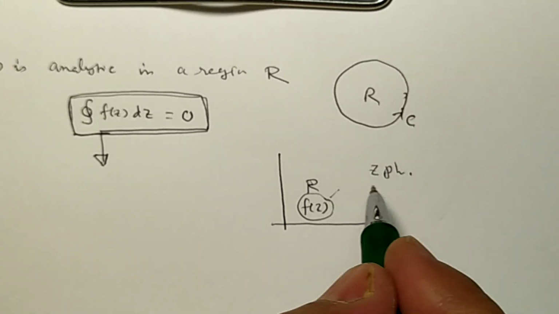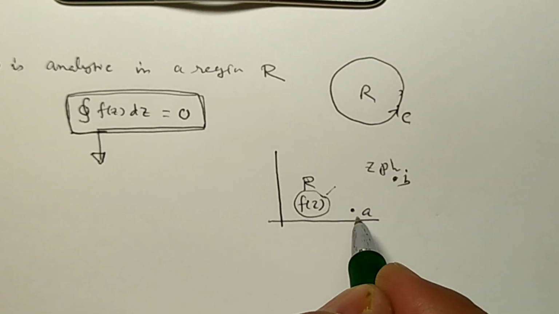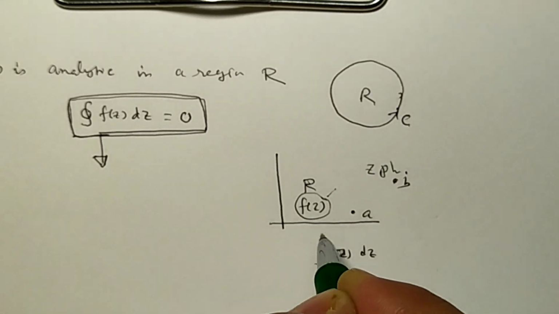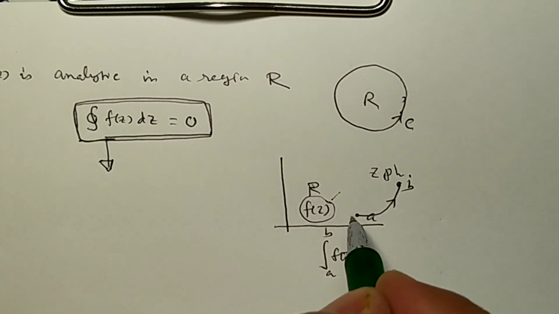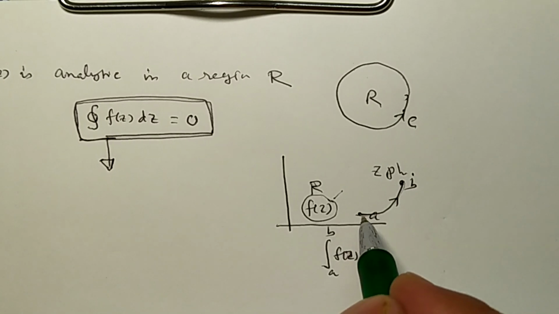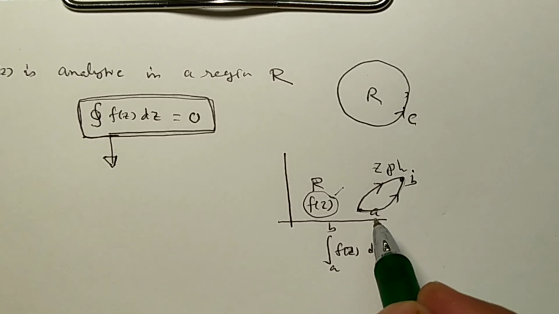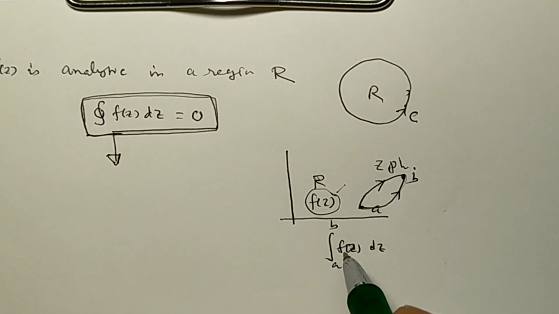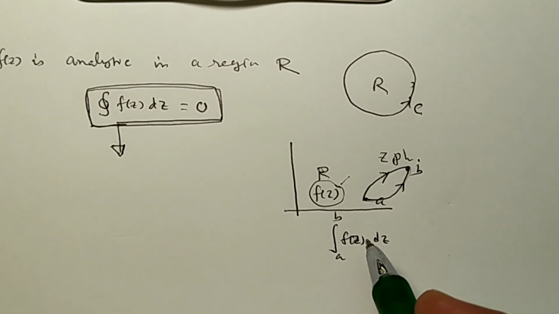Then if you integrate f of z dz from point A to point B along this path, the value you get would be the same as if you carry out the integration from A to B along this other path. That means in whichever way you go from A to B, the value would be the same. It is similar to a conservative force field.